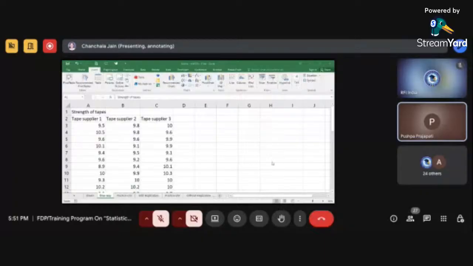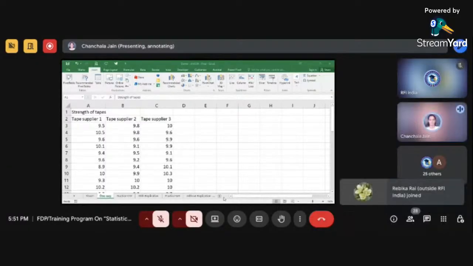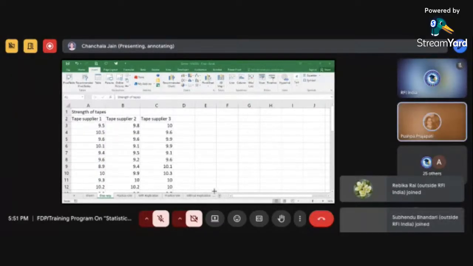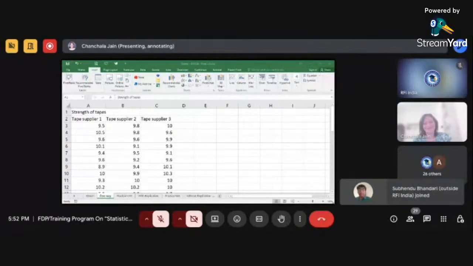Pushpa ma'am, do you want to say something? I think the strength of the tapes will be the dependent variable. And in total, how many variables? Ma'am, I think we have two variables, the strength of the tapes and the suppliers.